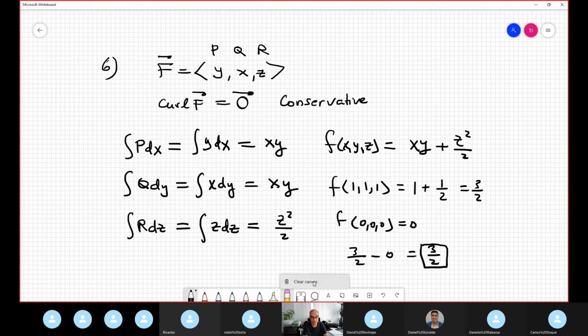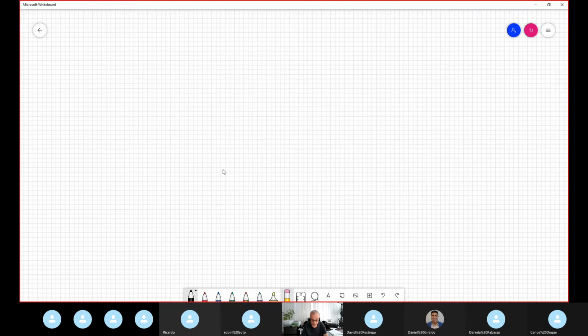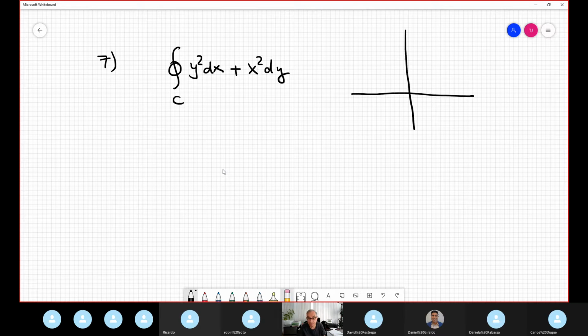I erase number 6. Now number 7. Number 7 is evaluate one line integral, but it's a closed curve. The expression inside the integral is x squared dy, and the curve C is given graphically, no?